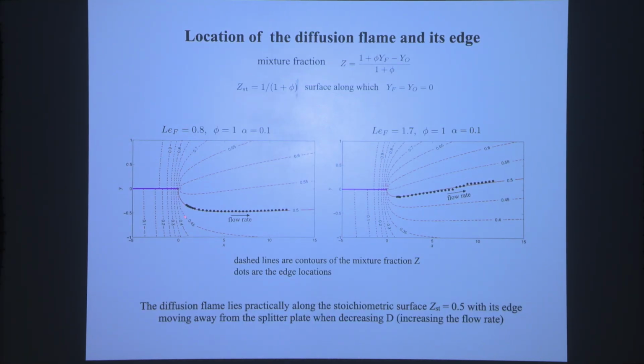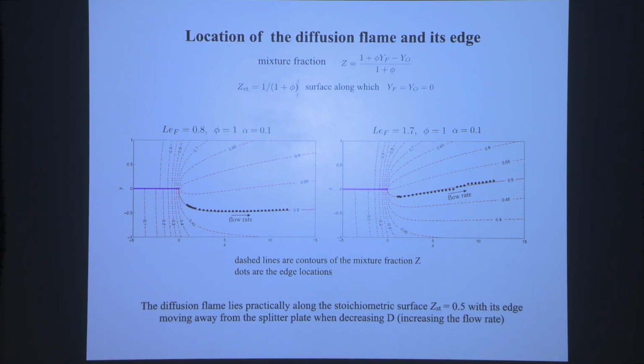And also the location of the diffusion flame and its edge vary. This is the mixture fraction Z. Those are constant lines of mixture fraction. Note that the distribution is not very simple along one coordinate.